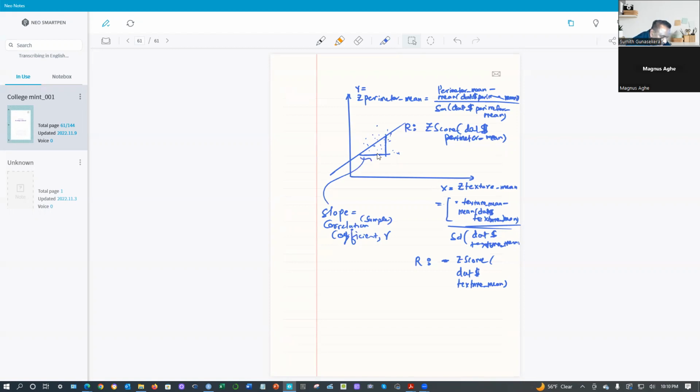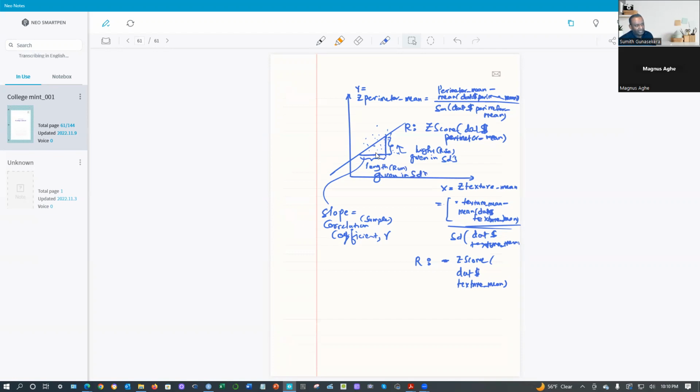That's why I say that if you're going to talk about that slope, you talk about standard deviations. Rise is given in standard deviations, and the run is given in standard deviations as well. So instead of talking in the regular way, we come to this framework and talk about the correlation coefficient as a slope.